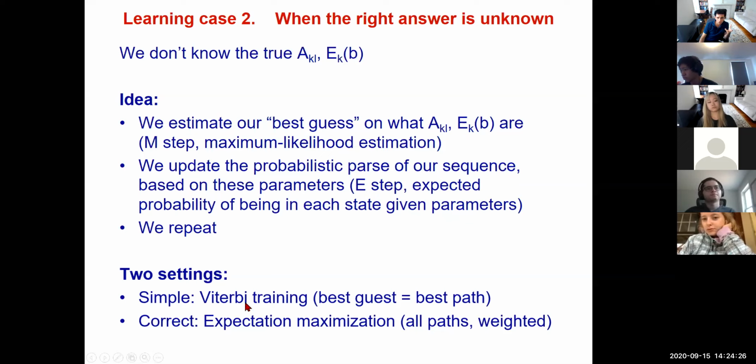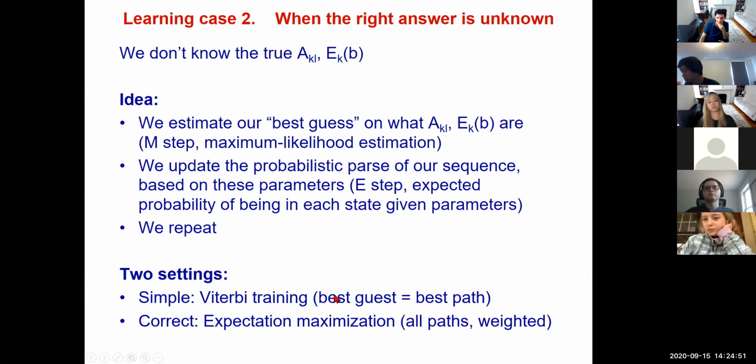And we're going to look at two different settings. The simple setting is going to be Viterbi training, where the best guess here is going to be the best path, okay? And then we're going to look at the fancier version, which is expectation maximization, where the best guess is actually all paths, each weighted by its probability, okay?